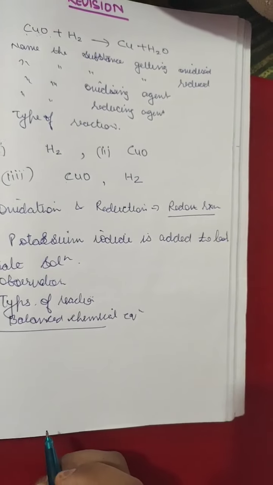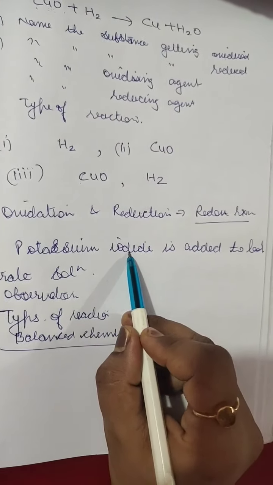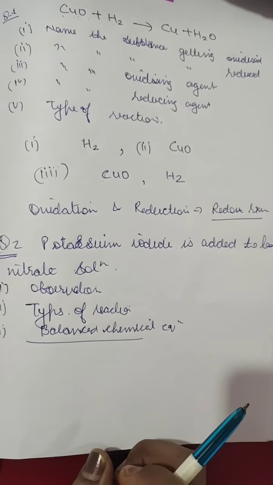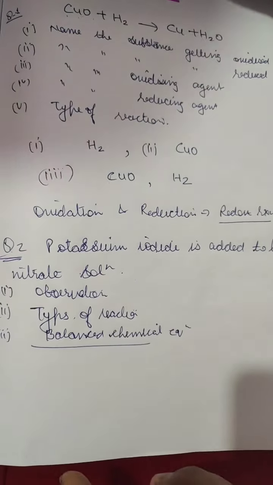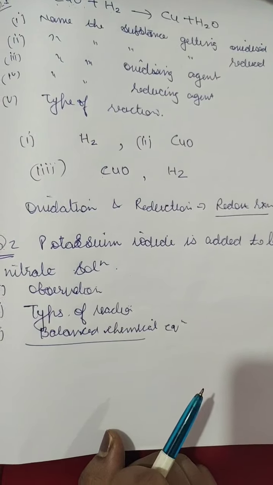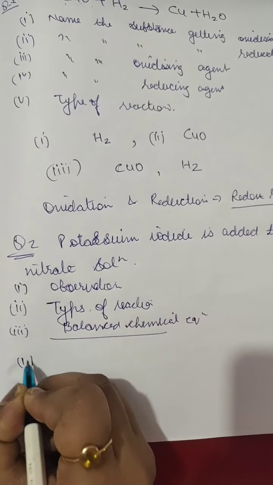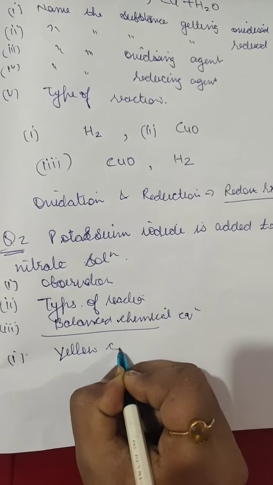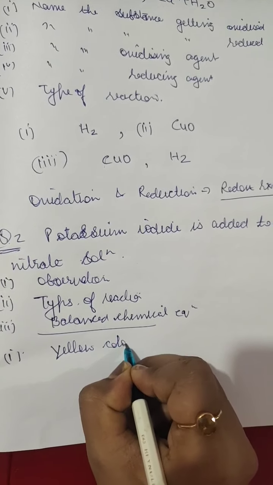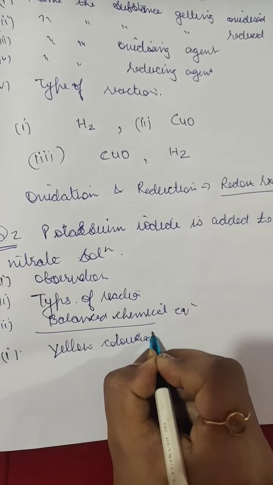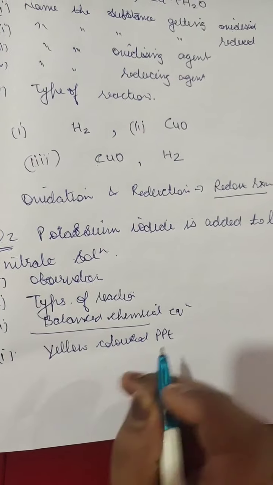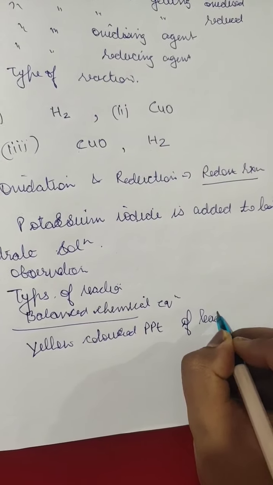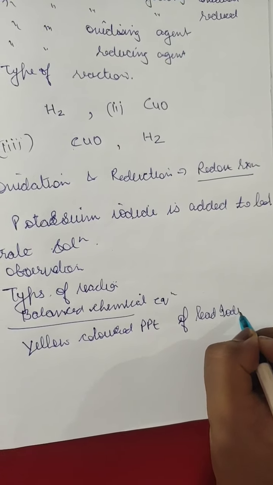Okay, so this can come for 3 marks because you have been asked 3 different questions on this reaction. Firstly, we know that whenever potassium iodide is added to lead nitrate solution, we get a yellow colored precipitate of lead iodide. That means the first answer would be, we will get a yellow colored PPT, I'm writing it in short, precipitate of lead iodide.